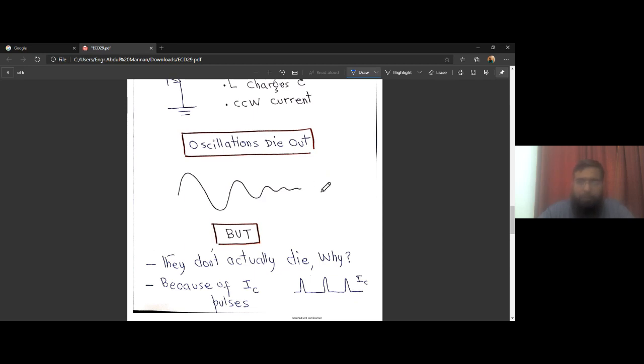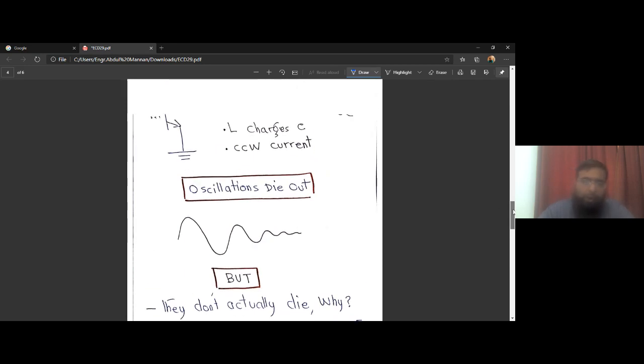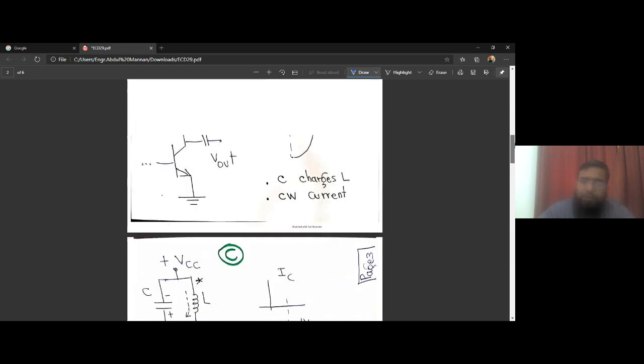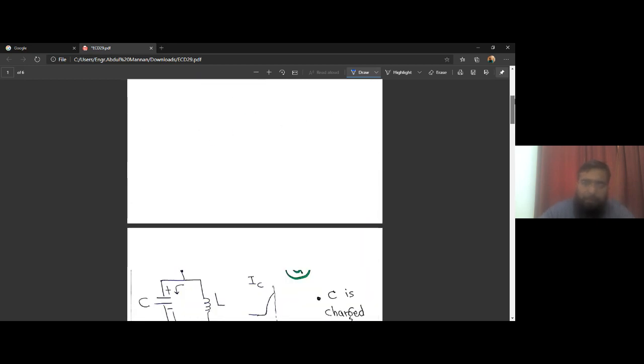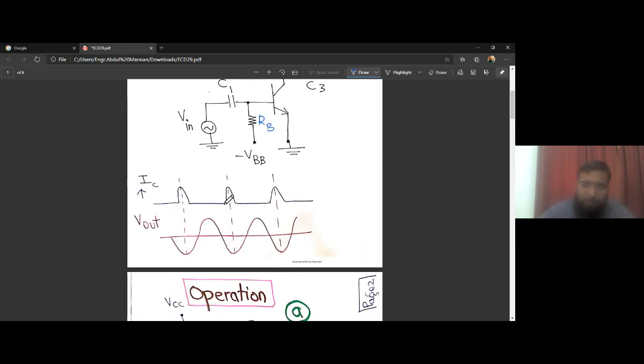But thankfully, there is a continuous supply of current. So the full cycle completes, and then once again we have this current pulse, and the whole operation starts once again. As long as this pulse is there, the output voltage maintains its positive and negative peaks at plus VCC and minus VCC.